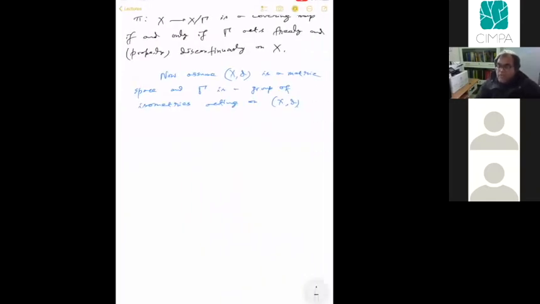So now assume that we are in a much nicer space where we have a metric on X and gamma is a group of isometries acting on X. Now, a natural question.